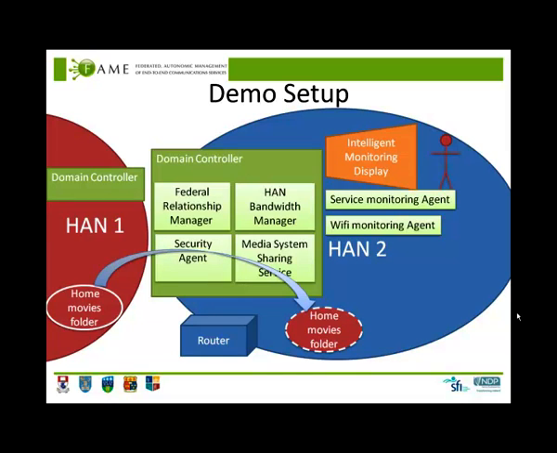These are a media system sharing service based on the UPnP and XMPP standards, a federal relationship manager to manage fine-grained secure sharing, a bandwidth manager that can reconfigure your network based on your instructions, a security agent that knows about security threats and countermeasures and can automatically configure your firewall, terminal and network monitoring agents, and an intelligent monitoring display that make use of expert knowledge to help explain network problems to you as they happen.